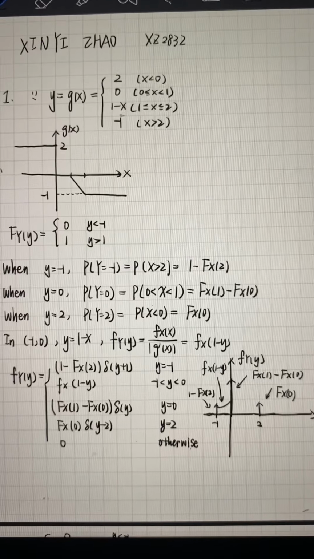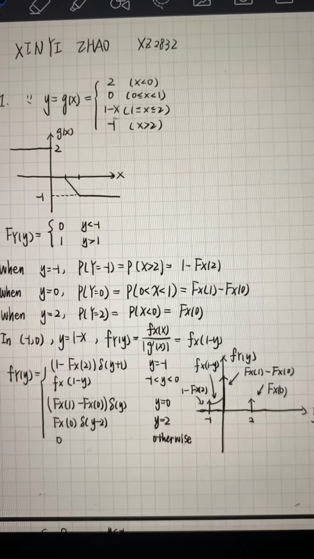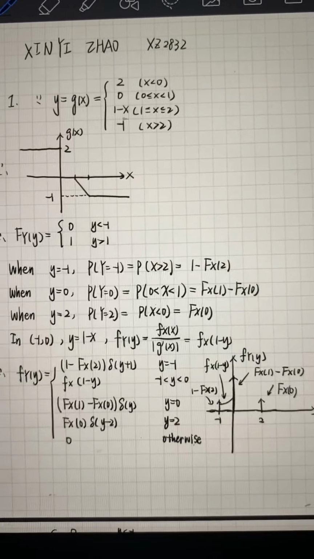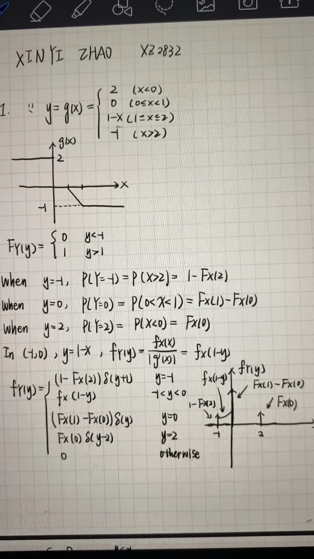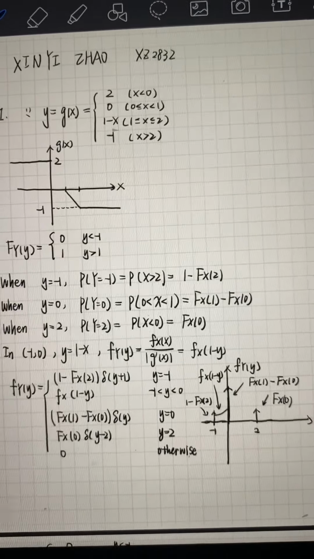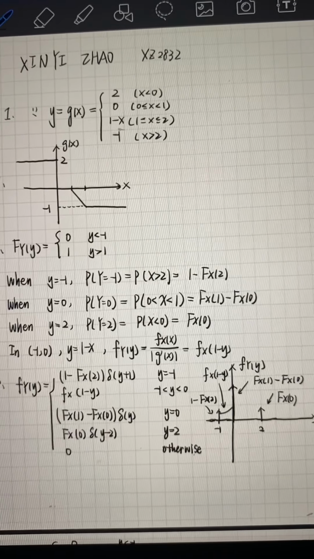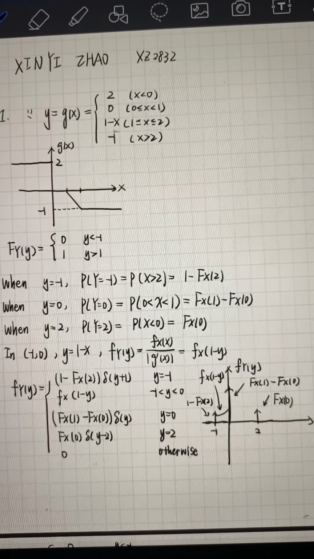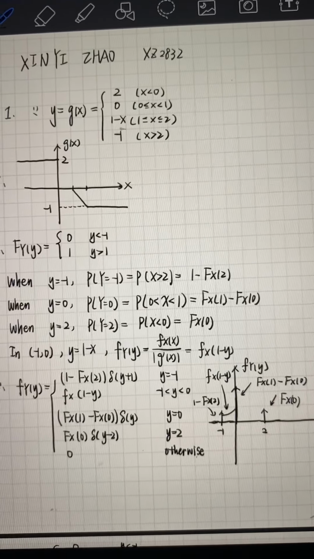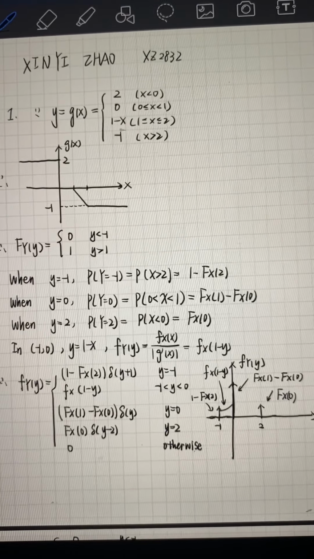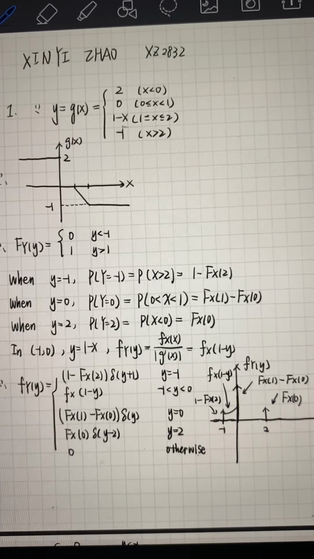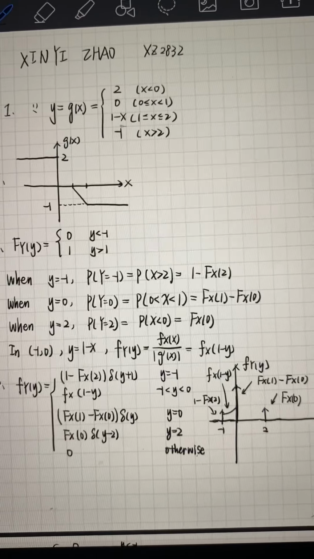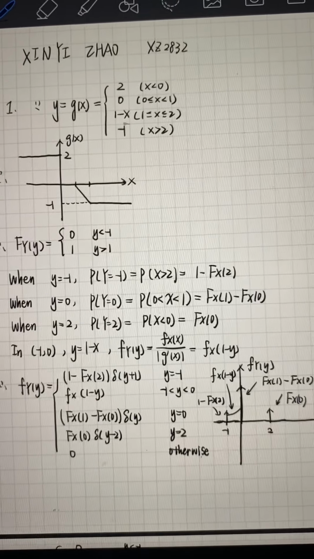times delta y plus 1. And when y is from -1 to 0, it is lower fx of 1 minus y, and when y equals 0, it is upper fx 1 minus upper fx 0 times delta y.